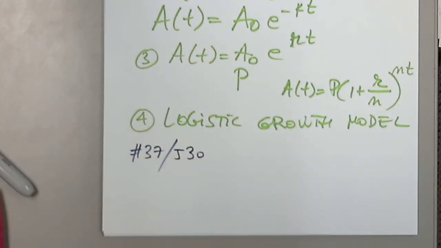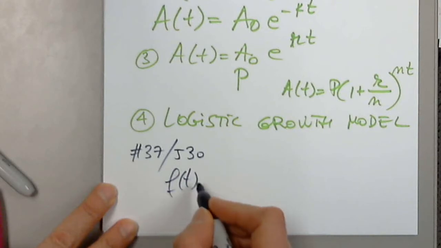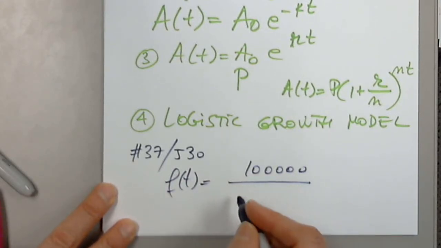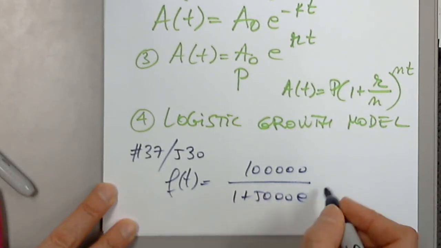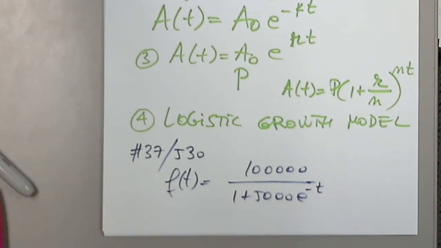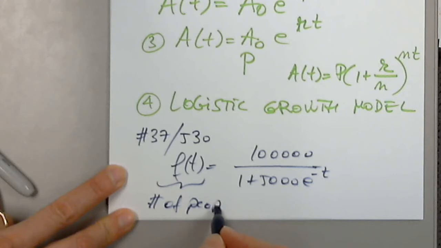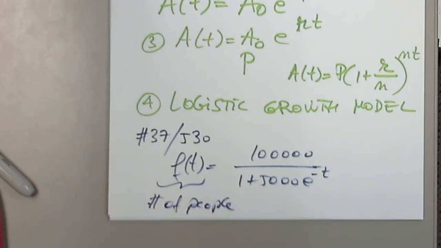The logistic growth function, f of t, equals 100,000 divided by 1 plus 5,000 e to the negative t. First of all, the description: this describes the number of people, f of t, who have become ill with influenza t weeks after its initial outbreak in a particular community.